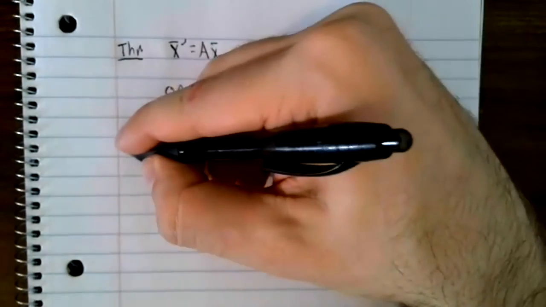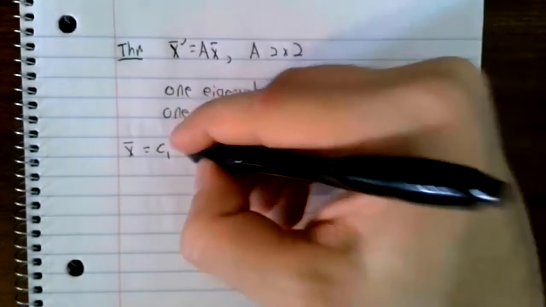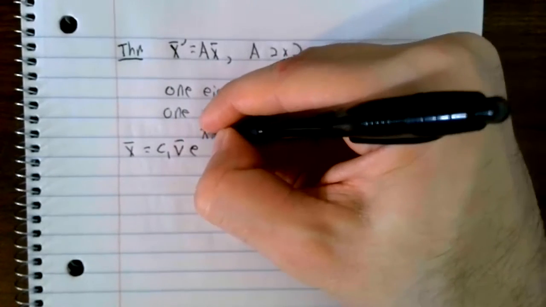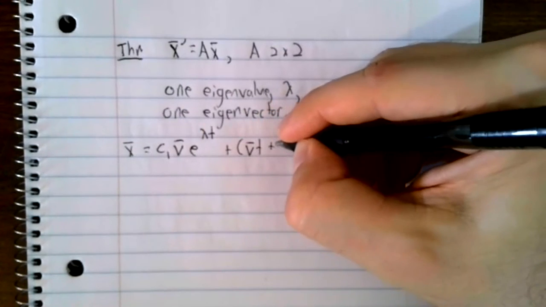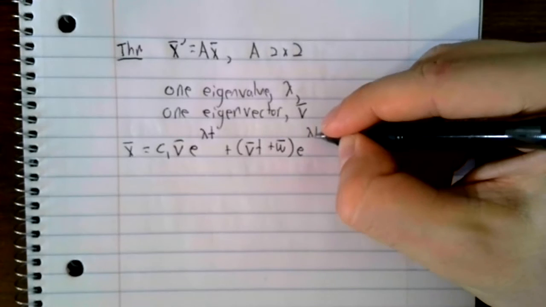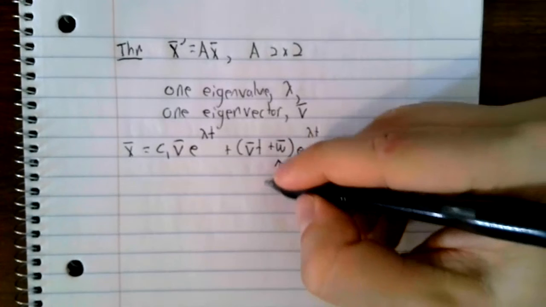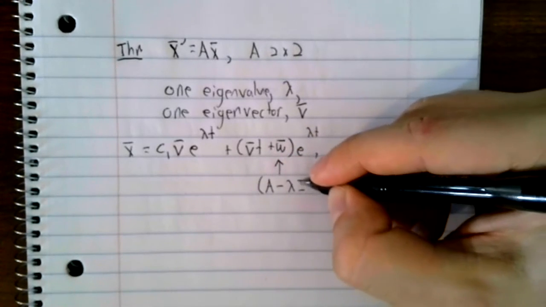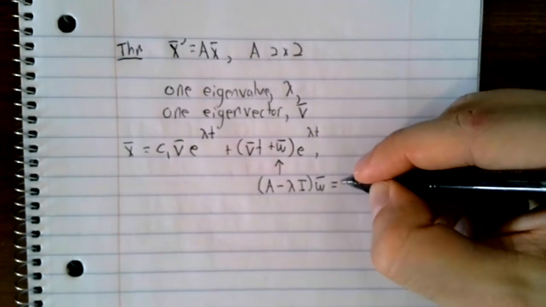Then the general solution is x equals c sub 1 v e to the lambda t plus c sub 2 (v t plus w) e to the lambda t, where w satisfies the equation (A minus lambda I) times w equals v.